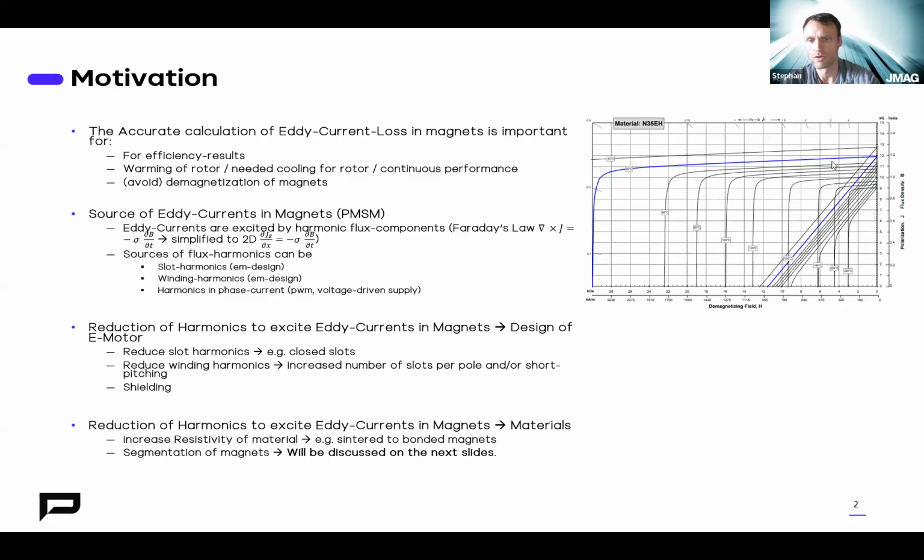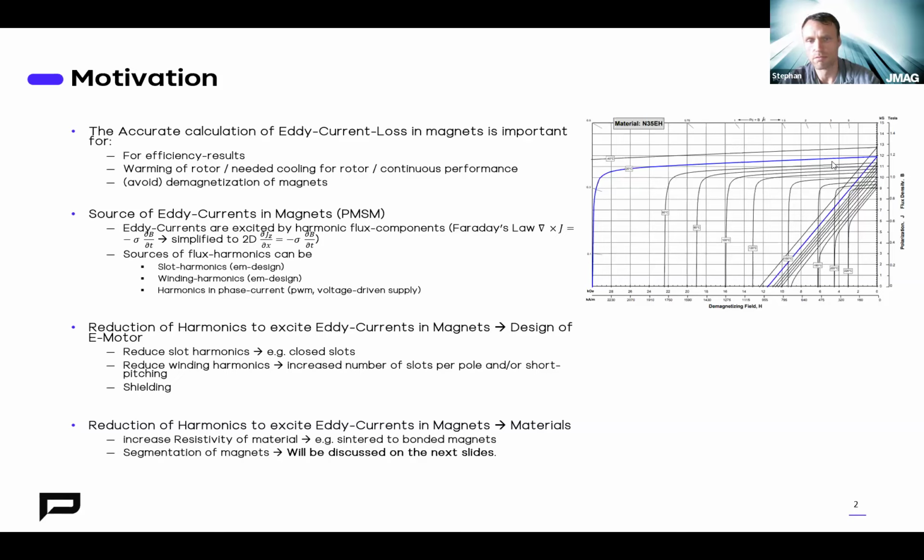Then there will also be some harmonics in the current, and all these harmonics in the phase current will induce flux harmonics and afterwards also induce additional eddy current loss in the magnet.